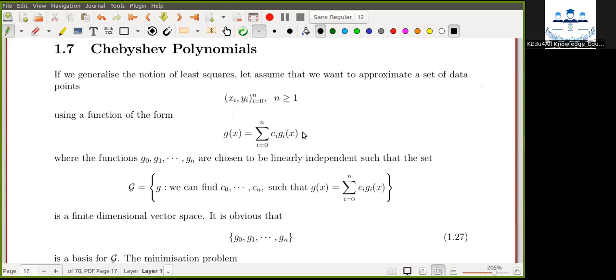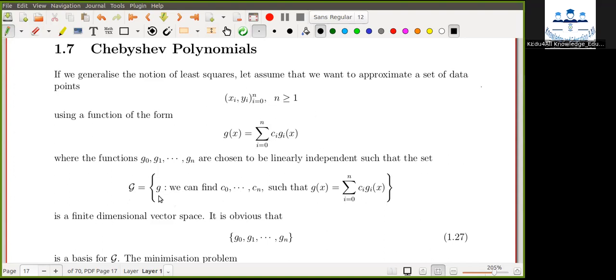In this case, our g_i's are functions that are linearly independent, and they span a subspace, calligraphic G, meaning that any element of G can be written as a linear combination of the c_i g_i in this form.